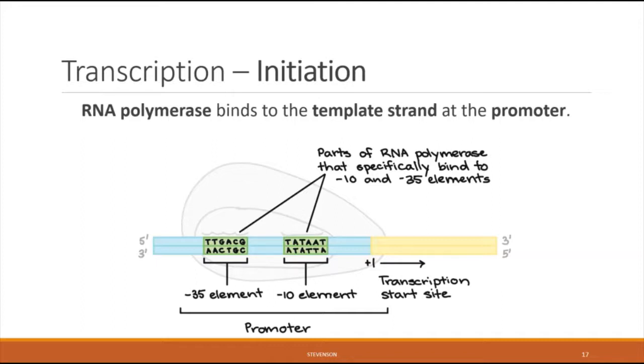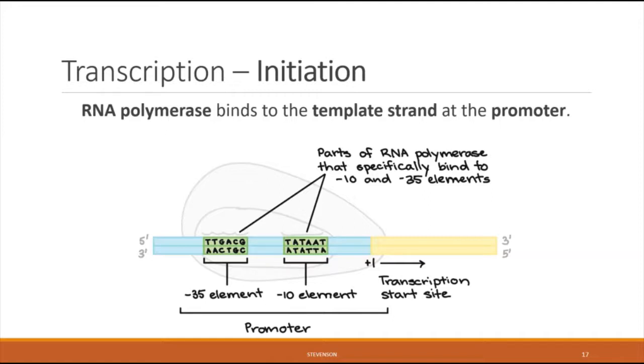DNA polymerases, as we saw, were enzymes that made strands of DNA. So it makes sense then that RNA polymerase is an enzyme that makes strands of RNA. And that's what we're trying to do here in transcription. We're trying to take the DNA and make a copy in the form of RNA.